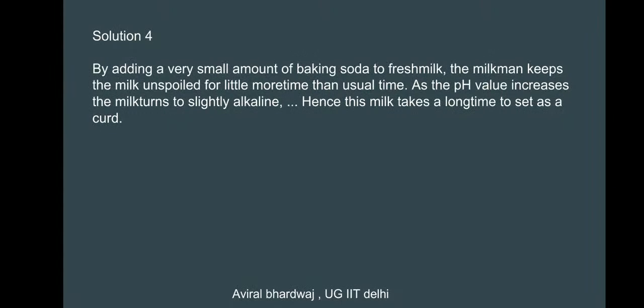The milkman makes the milk alkaline so the milk stays unspoiled for a long time, longer than usual. It increases the pH to slightly alkaline. However, the milk then takes a longer time to set as curd. We use it as curd at pH 7.